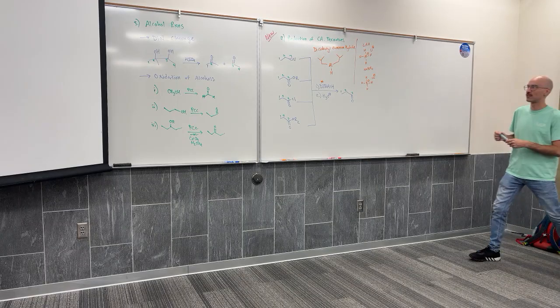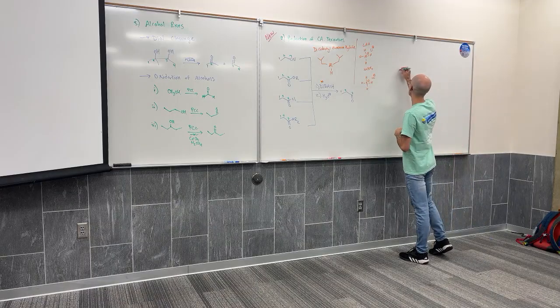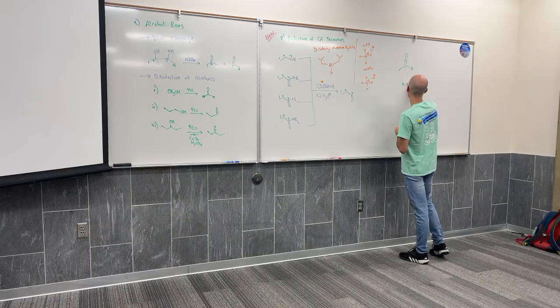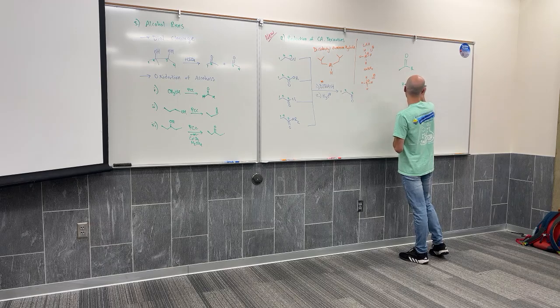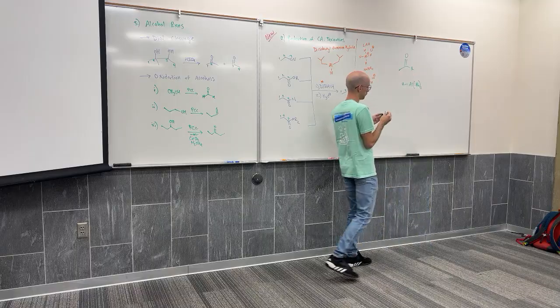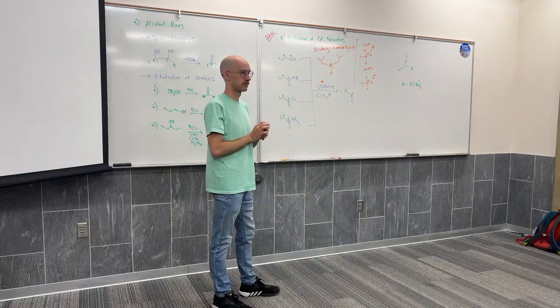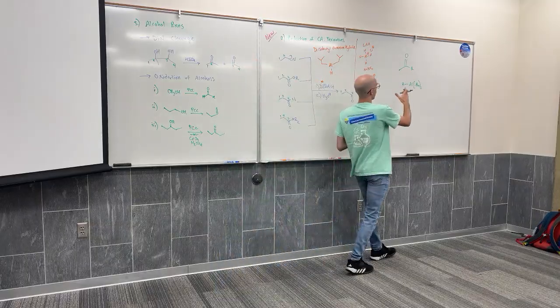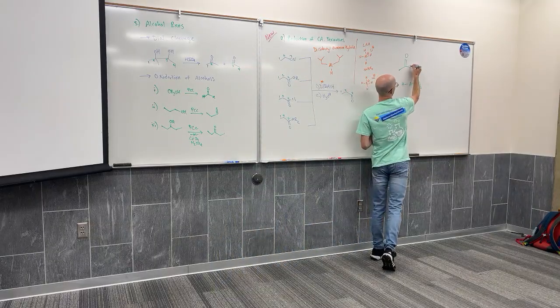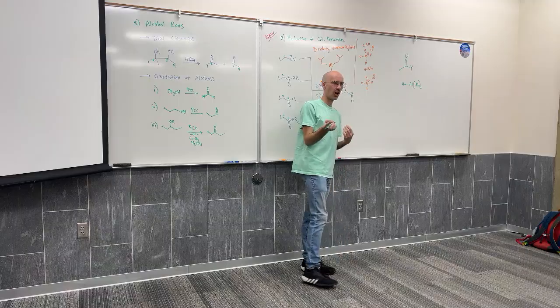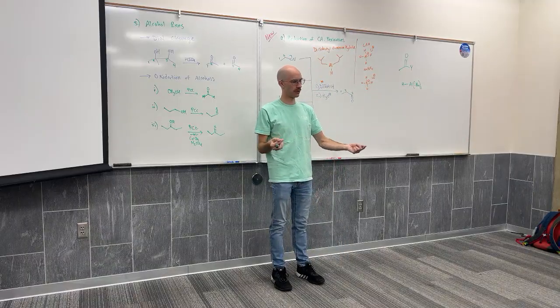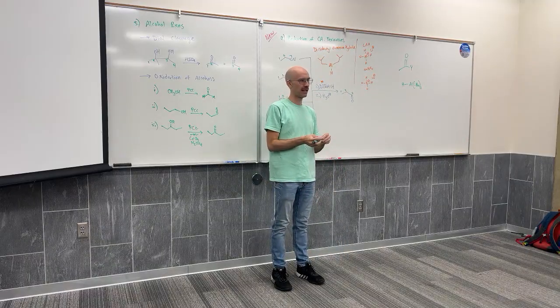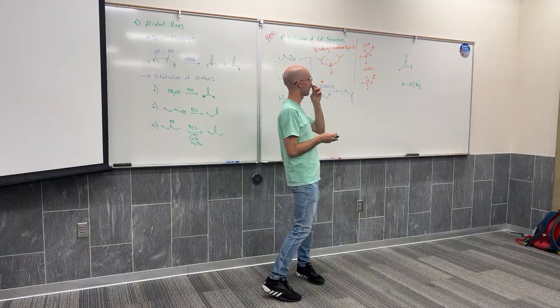I'm not going to give it to you for all of them. Instead of R, I'm actually going to put Y. R is usually an abbreviation for a carbon group, and I don't want you guys to get that mixed up here.